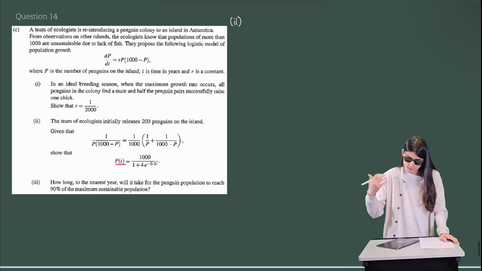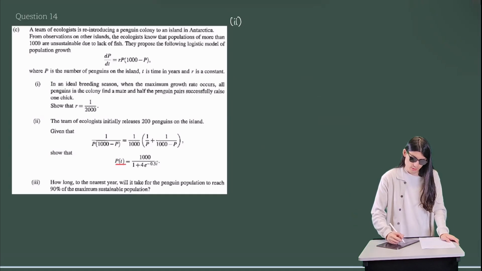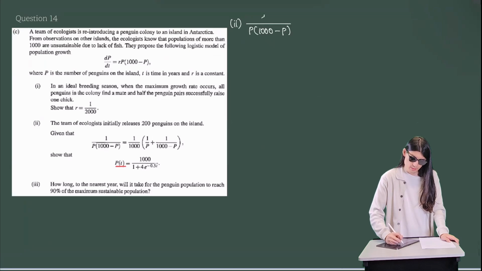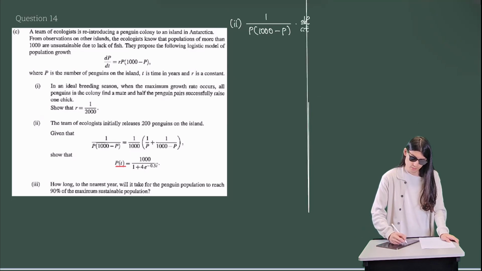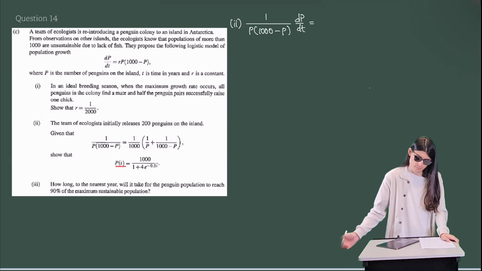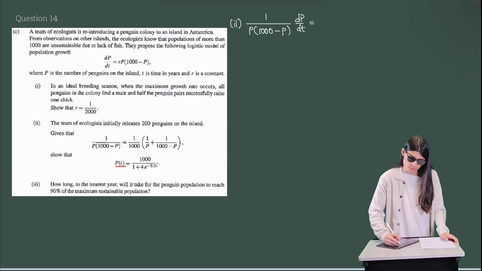So when I say the usual stuff, I'm talking about separation of variables. So you put all the p's onto one side like this, essentially rearrange the differential equation, times dp dt, equal to r.